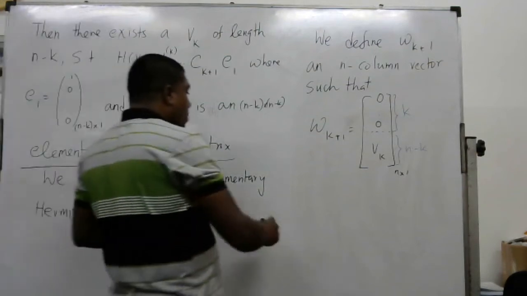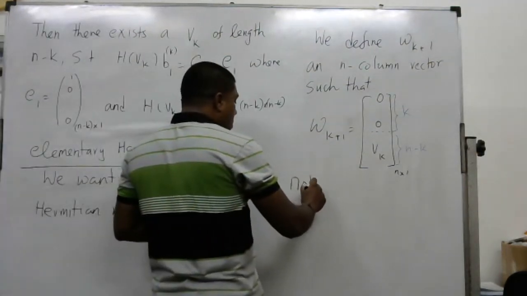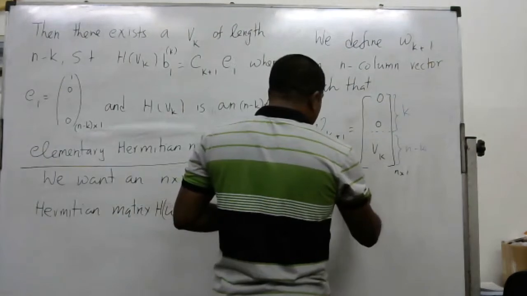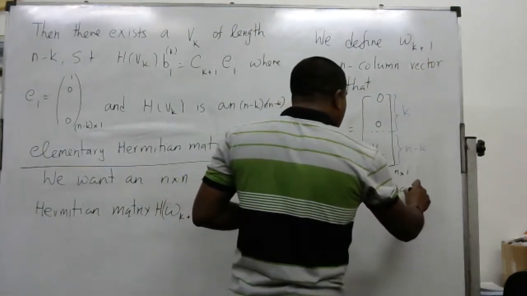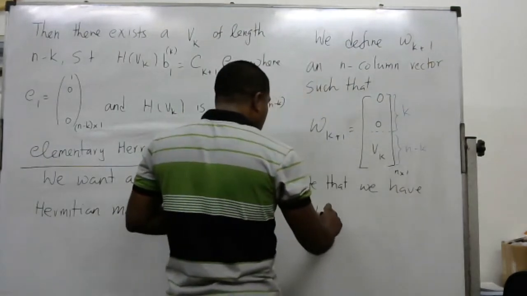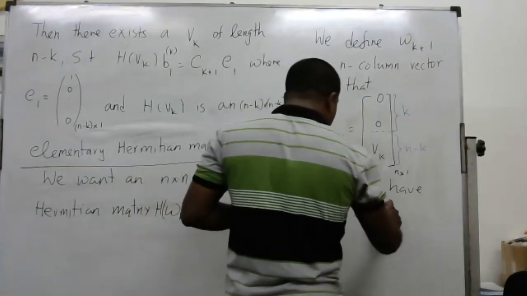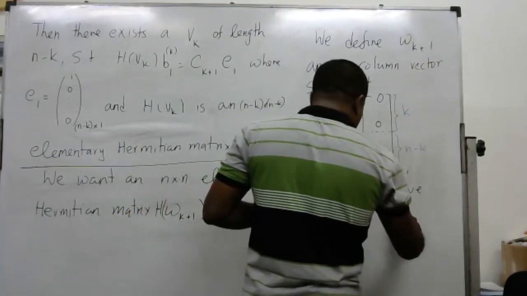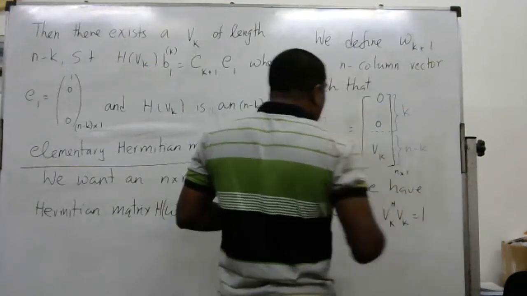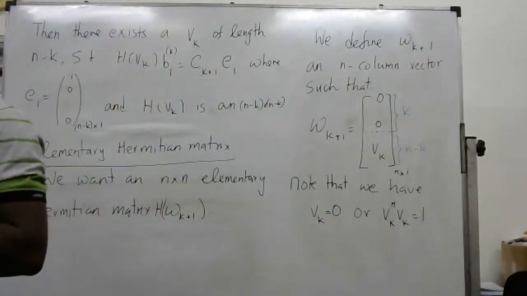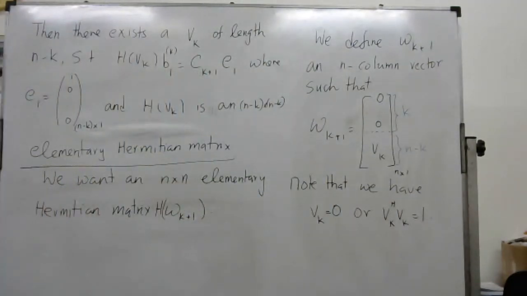Vk satisfies the properties of an elementary Hermitian matrix. That is, Vk is 0 or Vk Hermitian Vk is equal to 1.